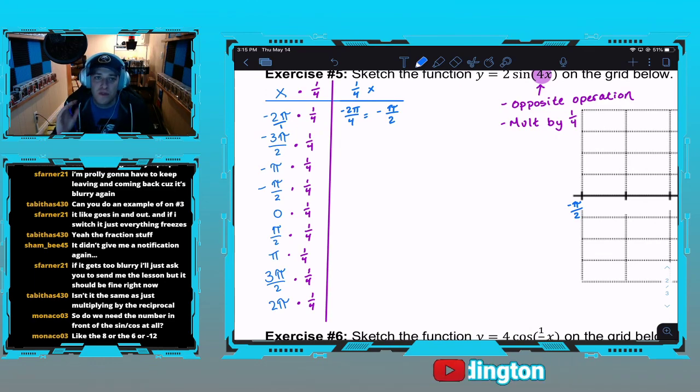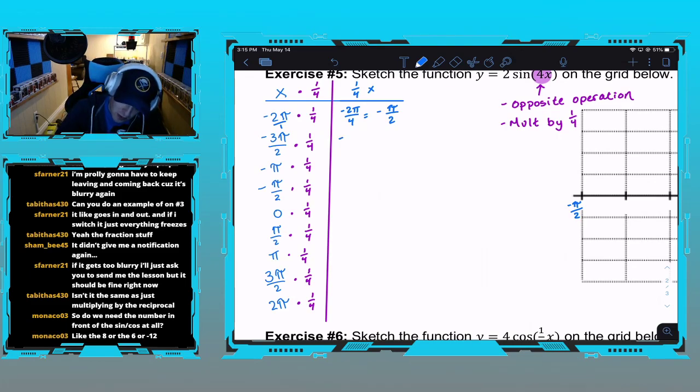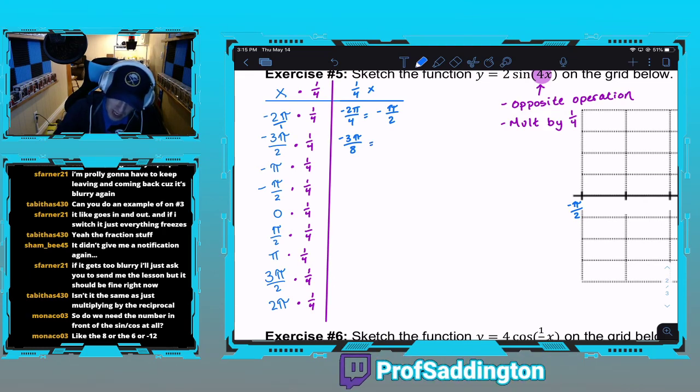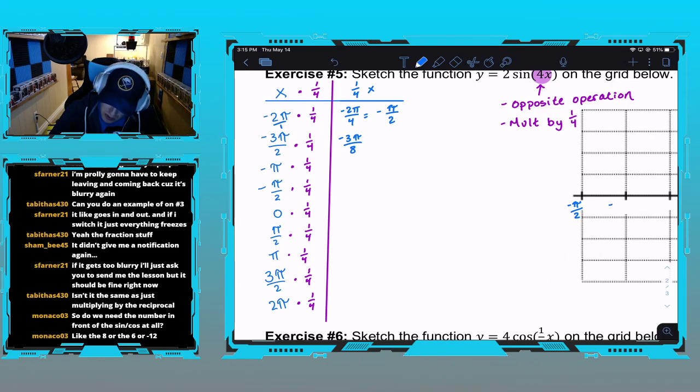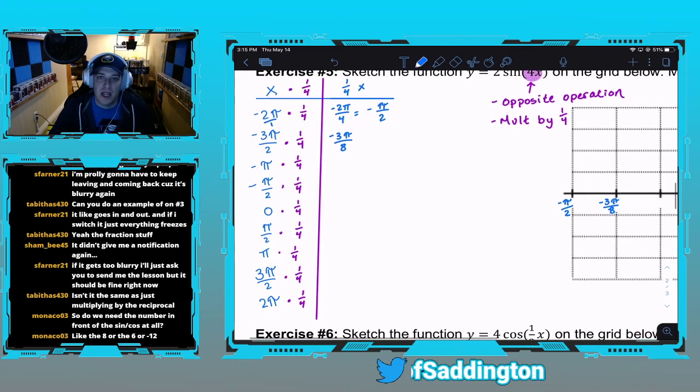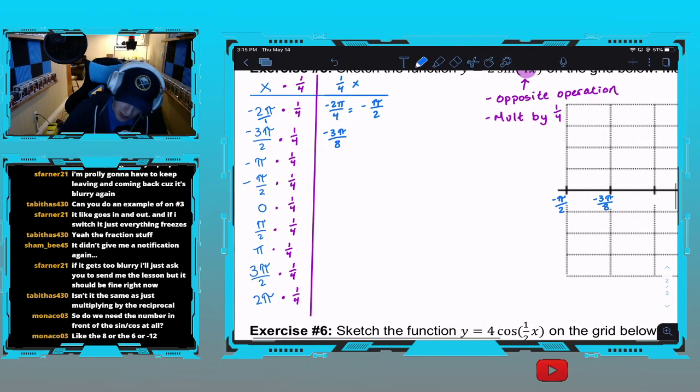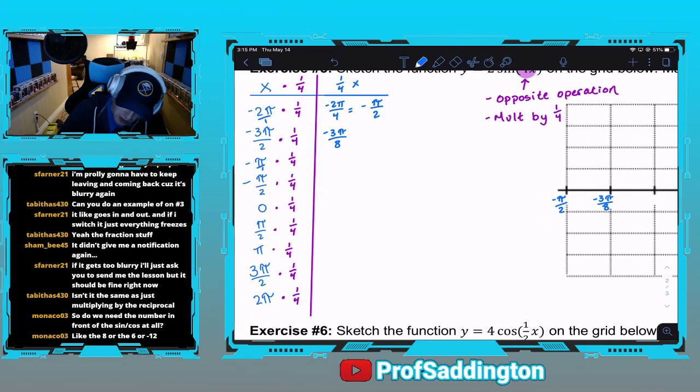That's going to be your new start. Now I got to do the next one. So I have negative 3 pi over 8. And that's going to end up staying the same. I can't reduce that. So my next one is going to be negative 3 pi over 8. And I just got to continue this process. If I multiply the next one, it's just going to be negative pi over 4.